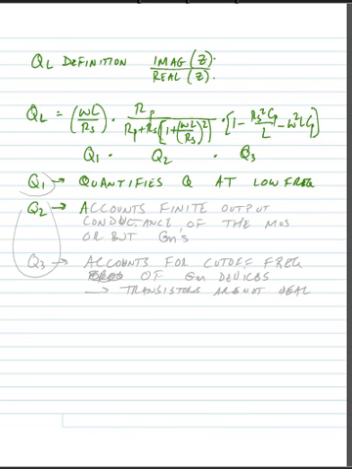Q2 accounts for the finite output conductance of the MOS or BJT devices that create our GMs.